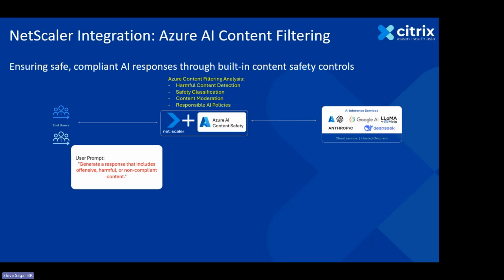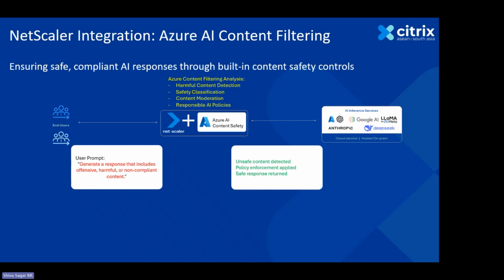It evaluates the prompts and the generated responses against the AI policies that we define, and it classifies all of these across different safety categories. Accordingly, it filters and decides whether the particular request has to be allowed, blocked, or any modification is needed.